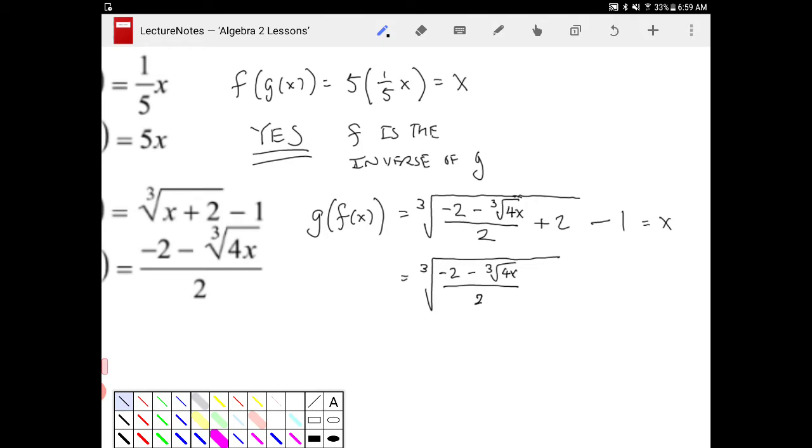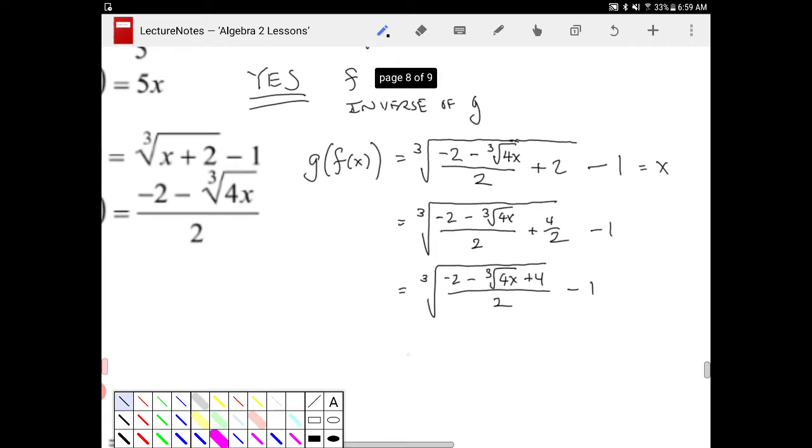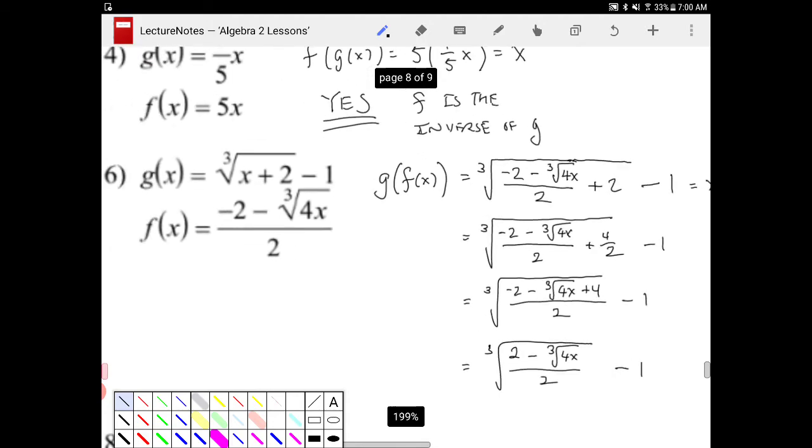So it's plus 4 over 2 minus 1, and this will become cube root of negative 2 minus cube root of 4x plus 4 all over 2 minus 1. So we can see clearly this is not going anywhere. We get 2 minus cube root of 4x all over 2 minus 1. So f and g are not inverses.